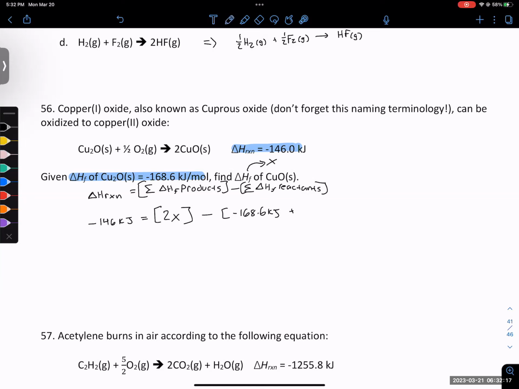And we also have to do that for oxygen, right? Make sure you carry your coefficients down. As we see, there's a coefficient of 1 here for Cu2O, so we don't need to put anything here in this case. But what is the heat of formation of oxygen? It didn't give it to us. This is something that we should know.